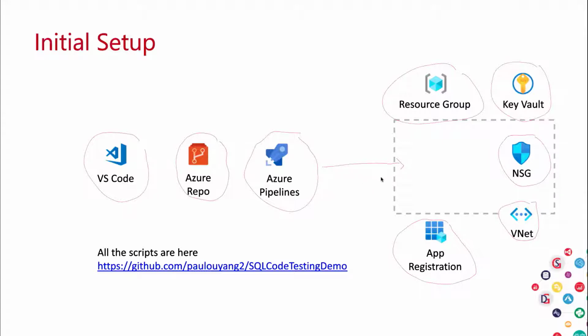We're going to configure that so we can automate the process without using your account. We're using a service principal account. And all the scripts are in this GitHub public repository, so we can take a look in a moment.